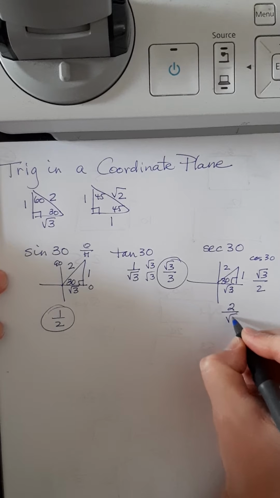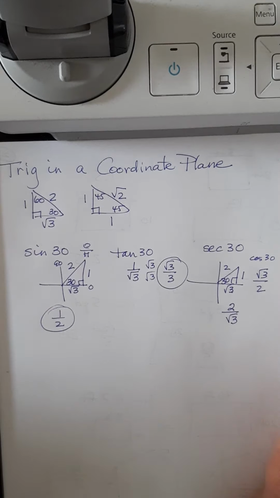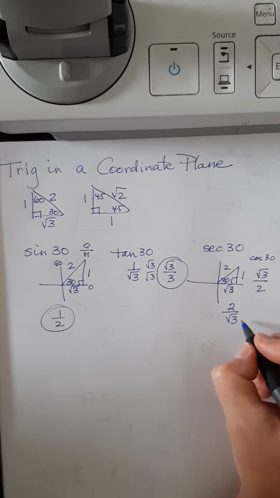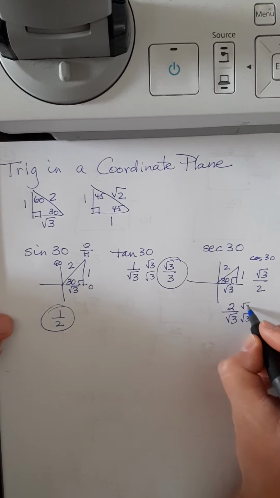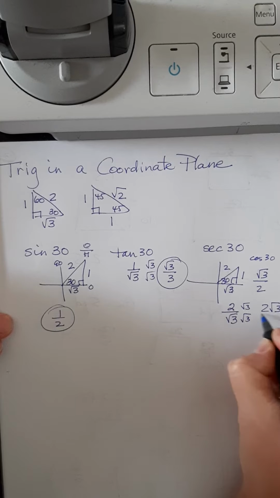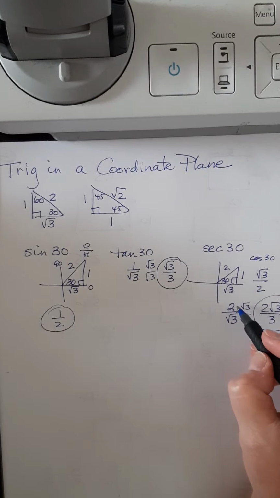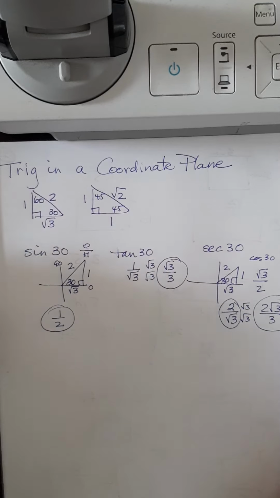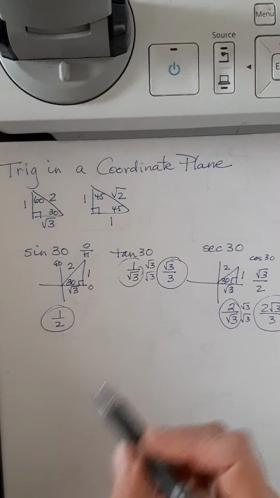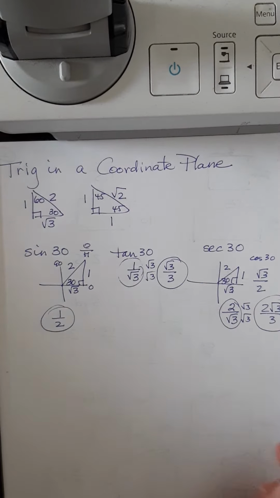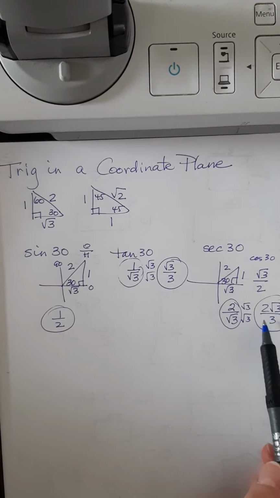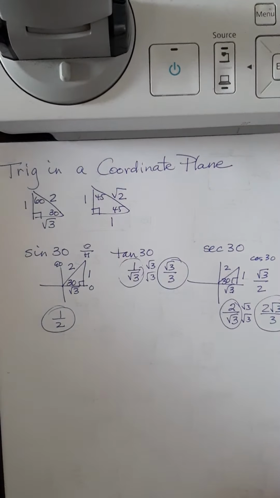So 2 over square root of 3. I just happened to pick one that could rationalize. So 2 square root of 3 over 3. I know sometimes I allow my students to leave it the other way to be a little lazy, because I know they can rationalize, but technically those are the actual preferred answers.